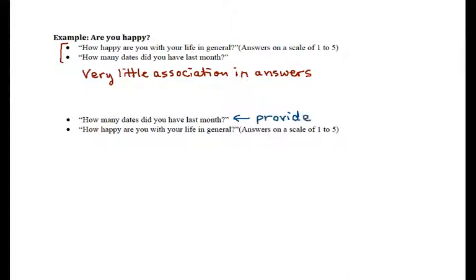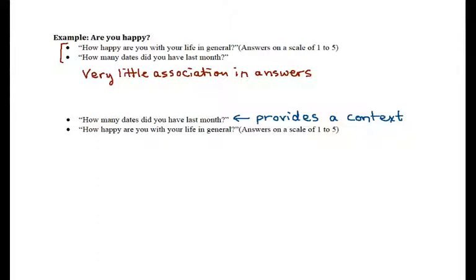And what we start to see is a very strong association in these answers. Instead of just coming right out with how happy are you with your life in general and trying to get an answer, how many dates did you have last month? And we can assume that this survey is given to single people, I think. How many dates did you have last month? Oh, 0.